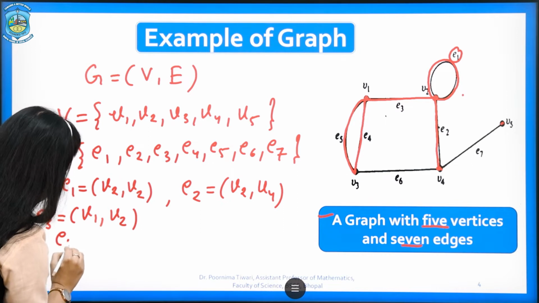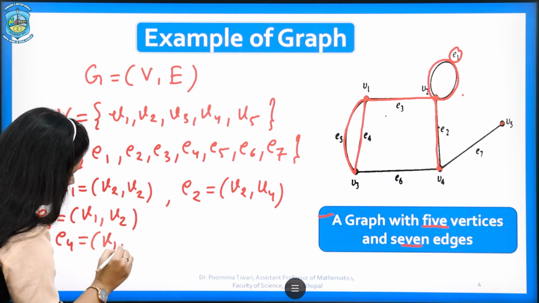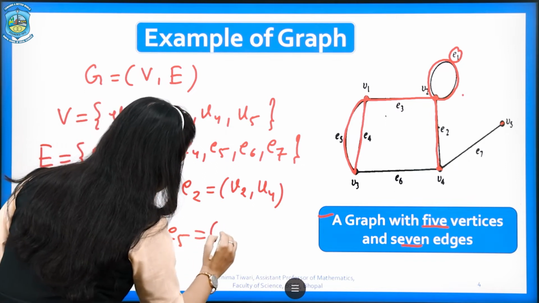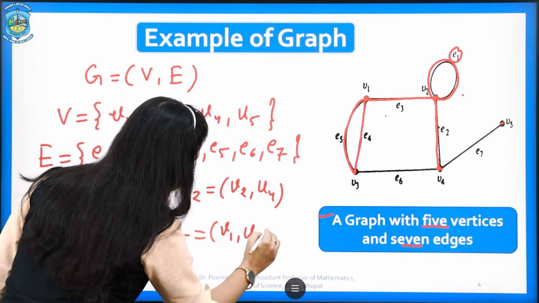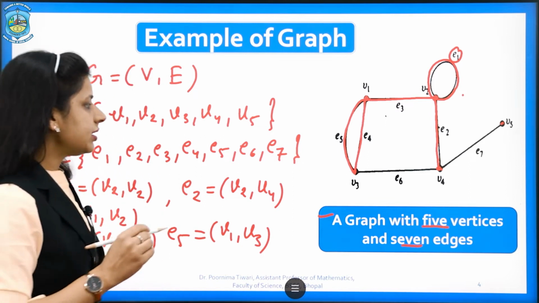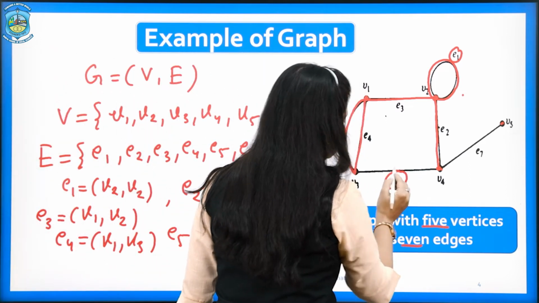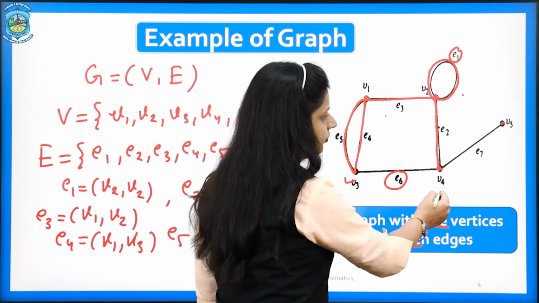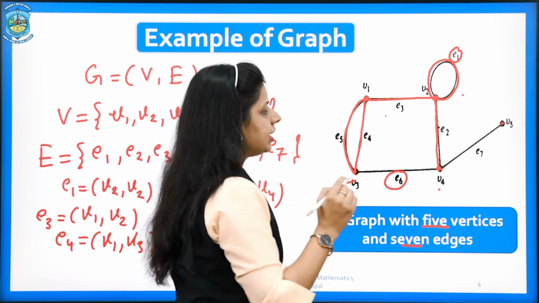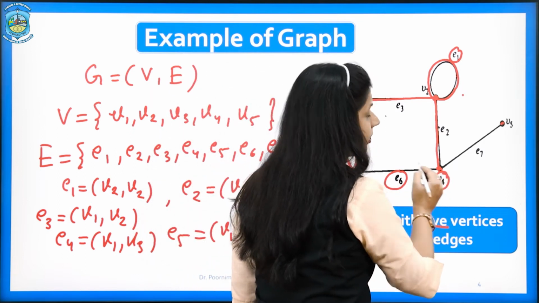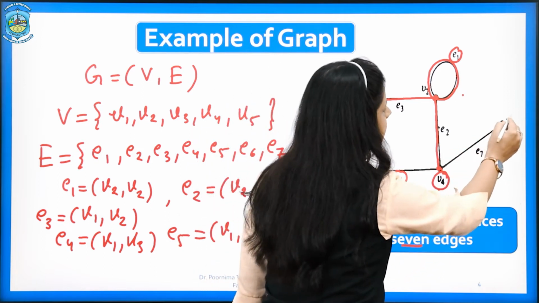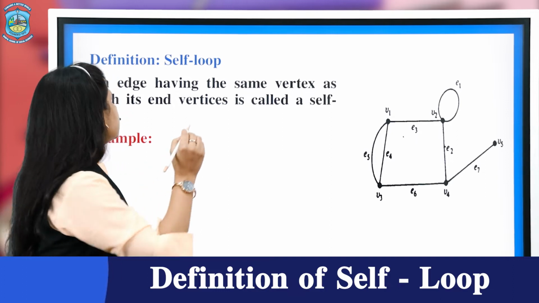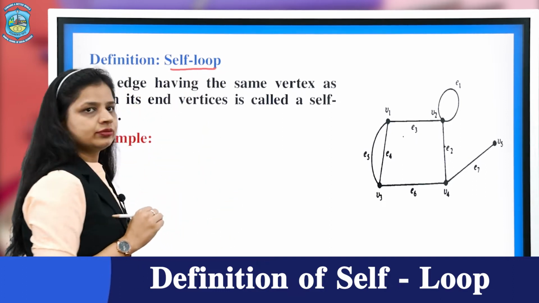That is, E4 in between the vertices V1, V3, E5 in between the vertices V1, V3. Likewise, we find edge E6 identified by pair of vertices V3 and V4 and edge E7 identified by pair of vertices V4 and V5.